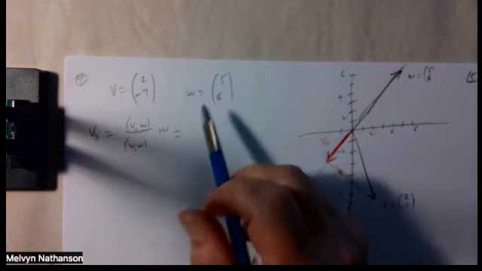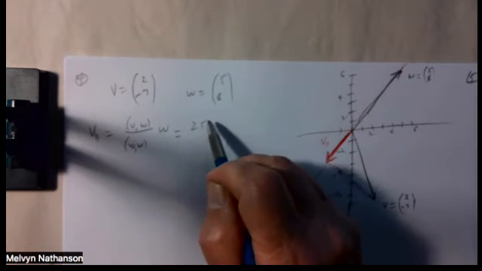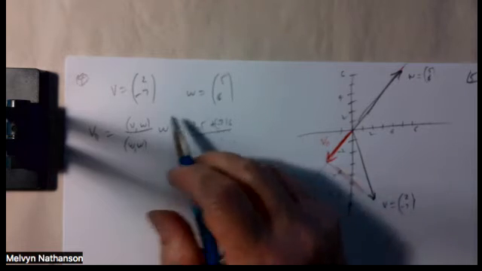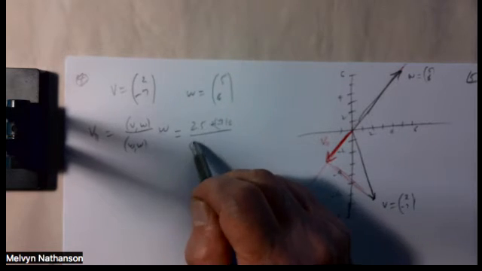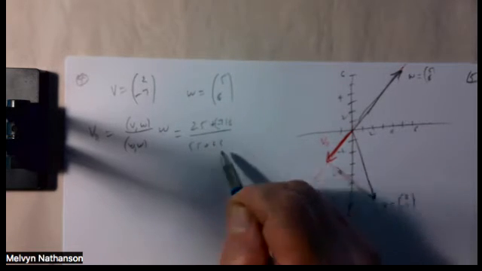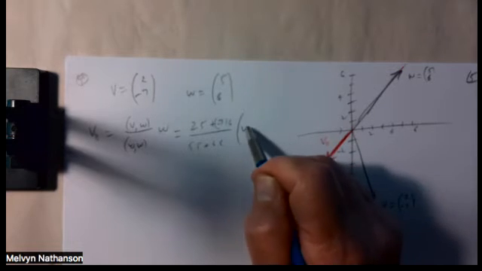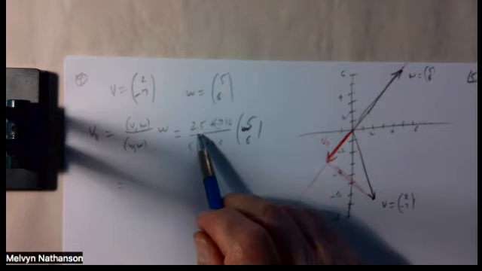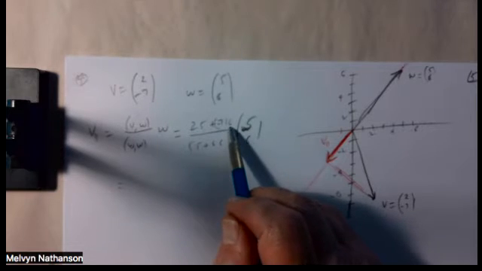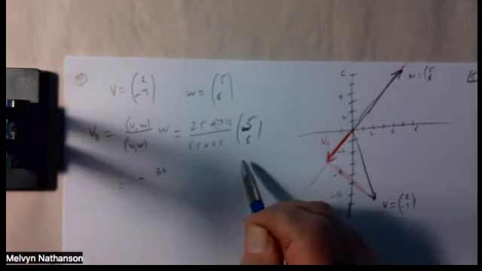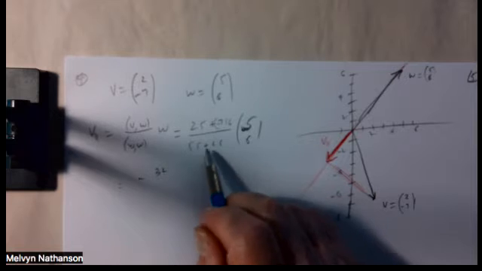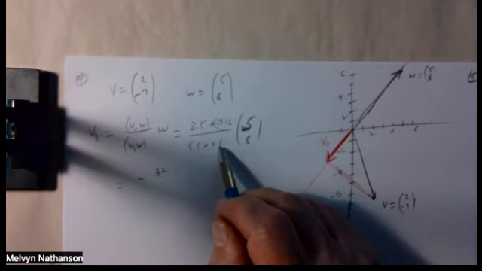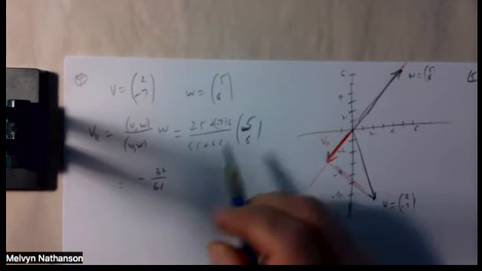The inner product of v and w is 2 times 5 plus minus 7 times 6, over the inner product of w with itself, that's 5 times 5 plus 6 times 6, times the vector w, which is (5, 6). So this is 10 minus 42, that's minus 32, over 36 plus 25, which I think is 61.